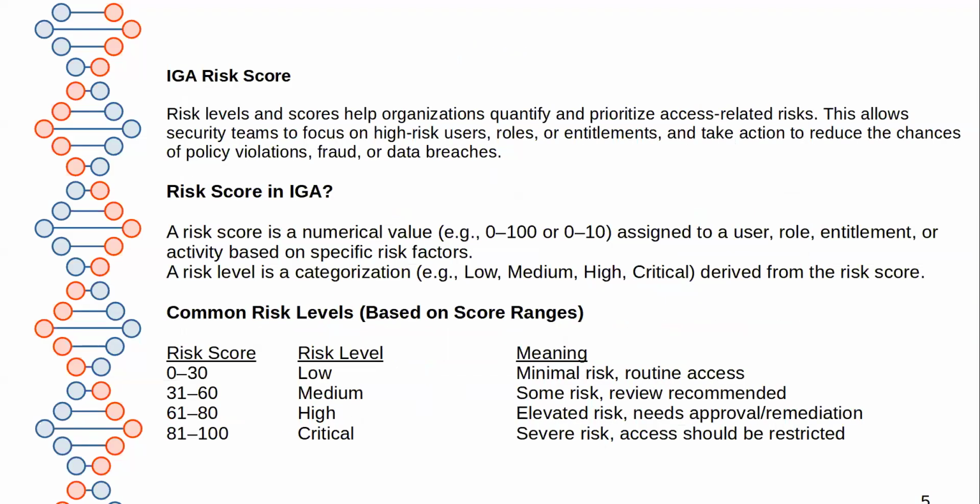Okay, so what is risk score? Go ahead, Surjit. Surjit, we are not able to hear you.